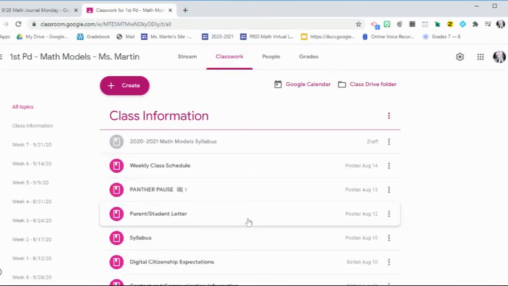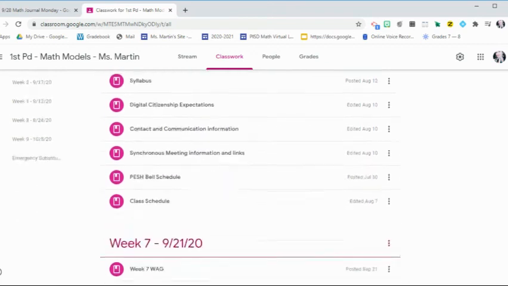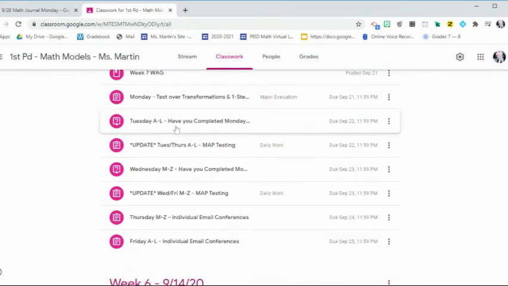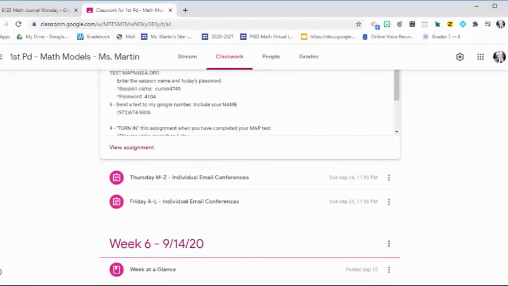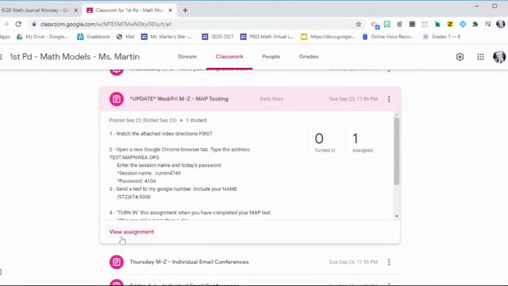And then go to the week you want to look at. Anything that has this little clipboard, that's an assignment. You click on it, and there's the View Assignment button. When you click the View Assignment button, it opens it up, and in the top right corner, there is one that says Turn In, and you're just going to click that to turn the assignment in to me.